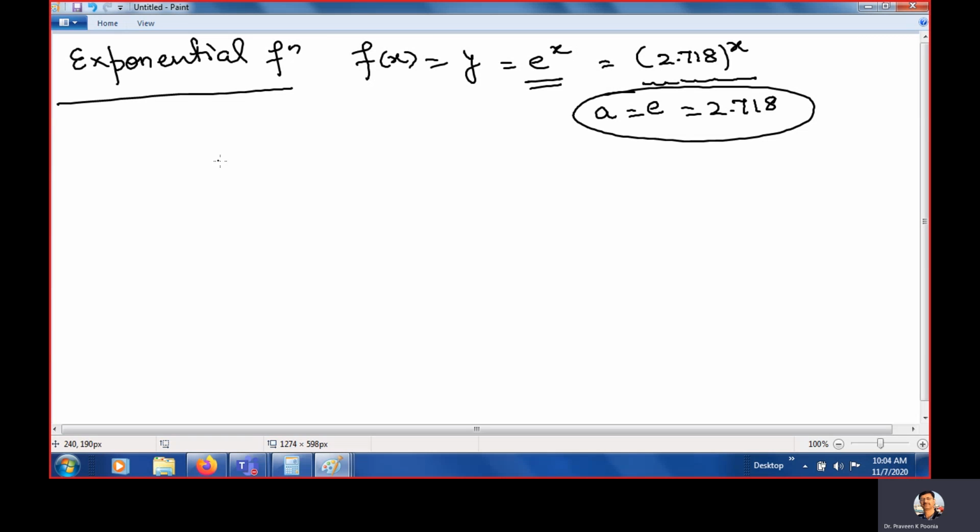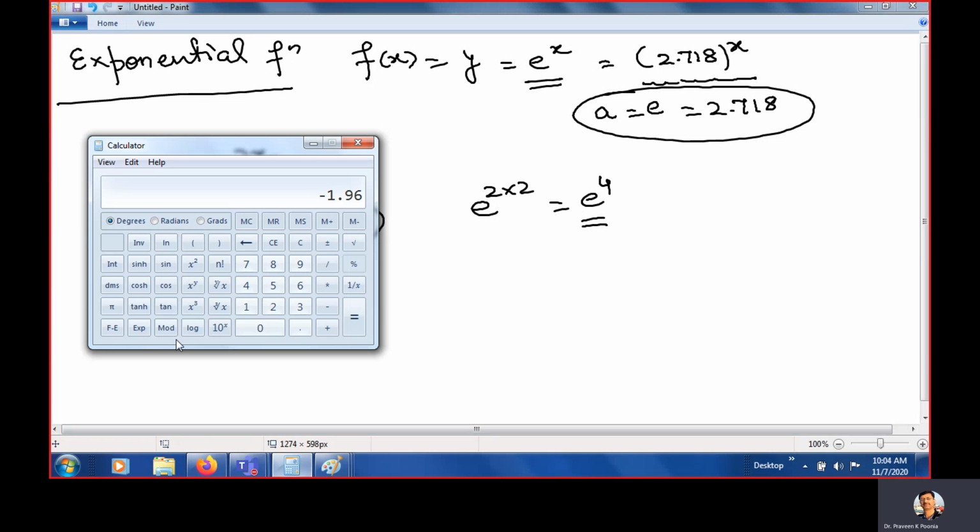Say you want to draw the graph of e power 2x. If you take x equals 2, you want to find the value of e power 2 times 2, so e power 4. In the calculator, in place of 2 or 3 or whatever, we need to put e power x.